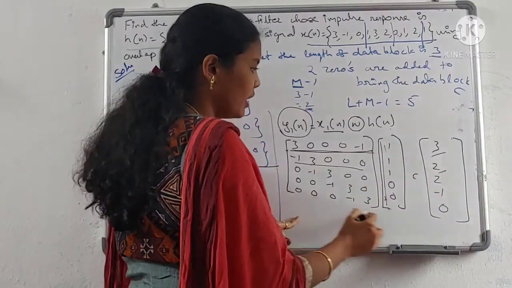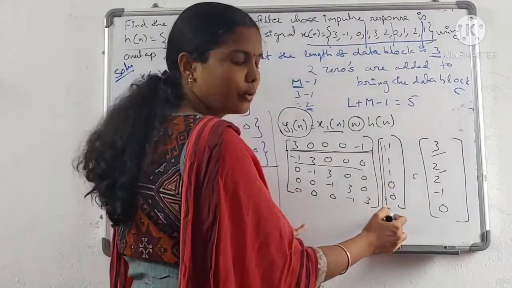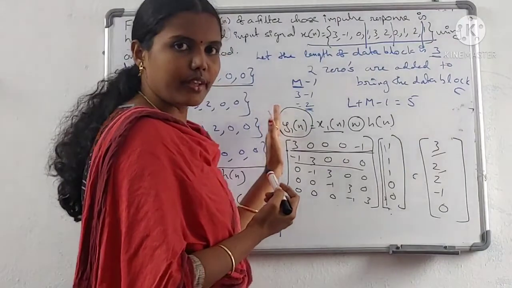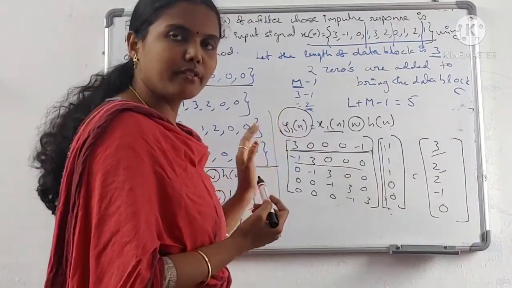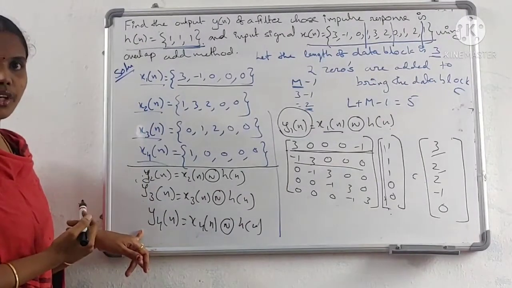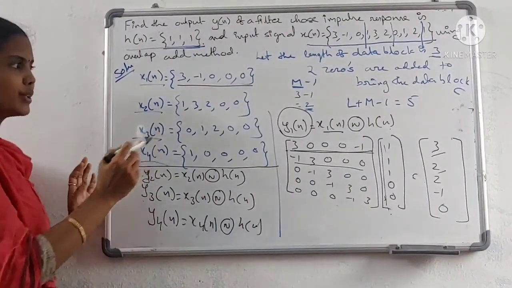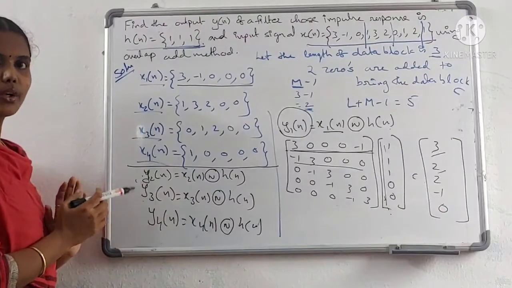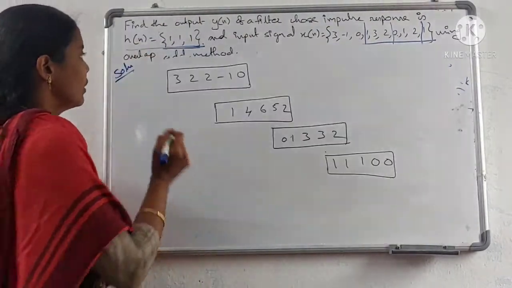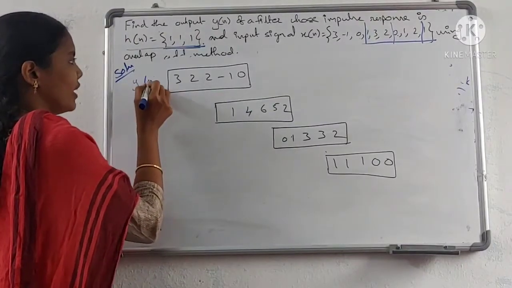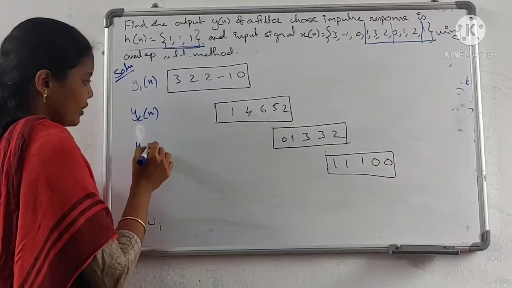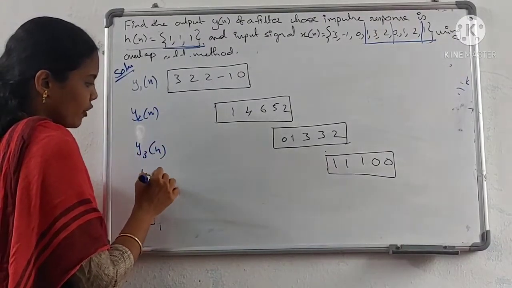In the same way, the last row times the column gives 0. So this is y1 of n. In the same way, you find y2 of n, y3 of n and y4 of n. After finding all these values, you have to calculate the total output.